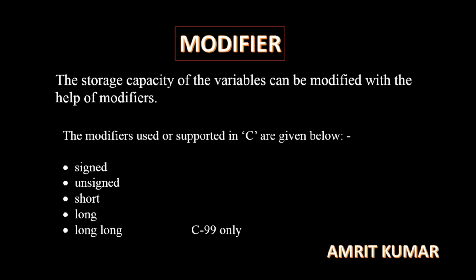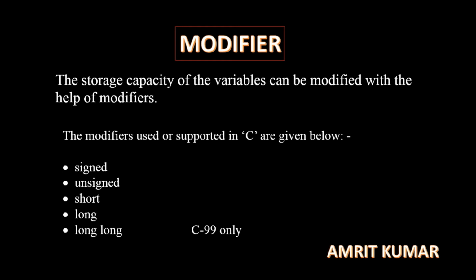The modifiers supported in C language are signed, unsigned, short, long, and long long. And long long is only supported in C99. This is an important point: the long long modifier is only supported in the C99 version.